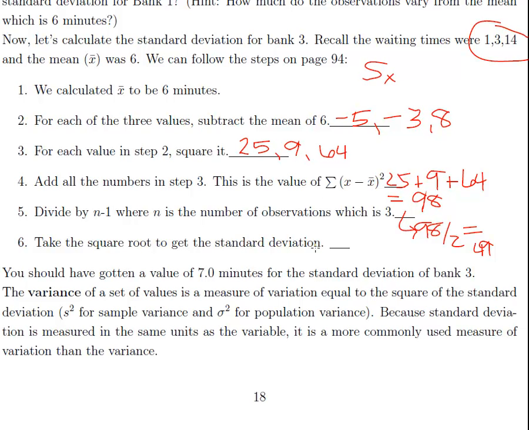Now I've done everything but the square root, so I take the square root of 49, and that's equal to 7. The units are minutes. So the standard deviation for bank 3 was 7 minutes.